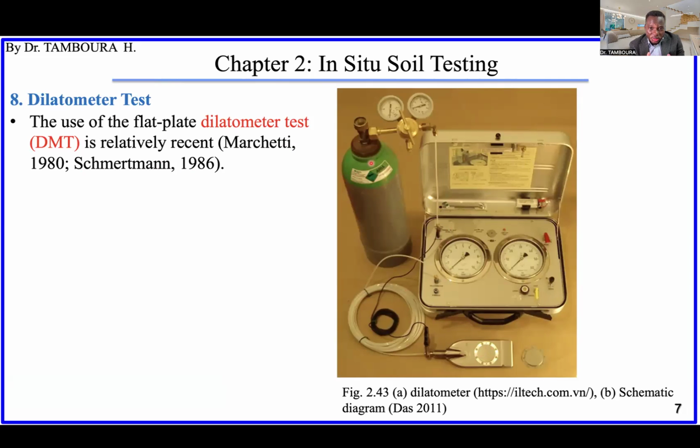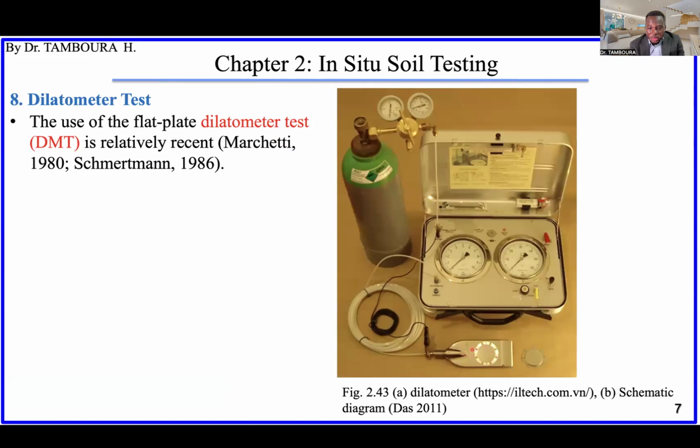It is the same as the pressuremeter test, but here, instead of the pressuremeter, we are using the dilatometer apparatus. This device will be inserted in the ground, and by using the pressure, we will press and do some measurement. Technically, this is how it works.